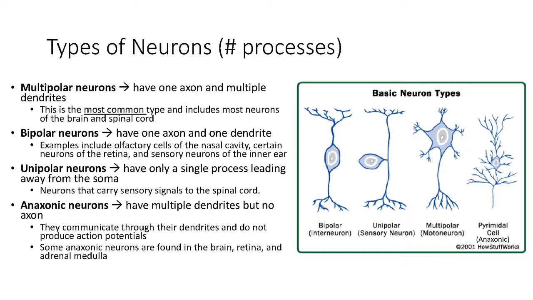So if you feel cold, you're feeling that in your skin. The temperature receptors, or thermoreceptors, are located in the skin, and they're going to stimulate the dendrites of a unipolar neuron, which carries that information all the way back to the spinal cord. And then in the spinal cord, it will stimulate another neuron that carries that information up to the brain where it can be processed.